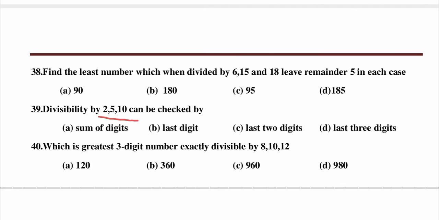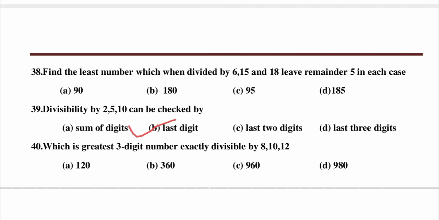Divisibility by 5: the last digit should be 0 or 5. Divisibility by 10: the last digit should be 0. So in all these three divisibility tests, we are checking the last digit only. So the answer is B, last digit.